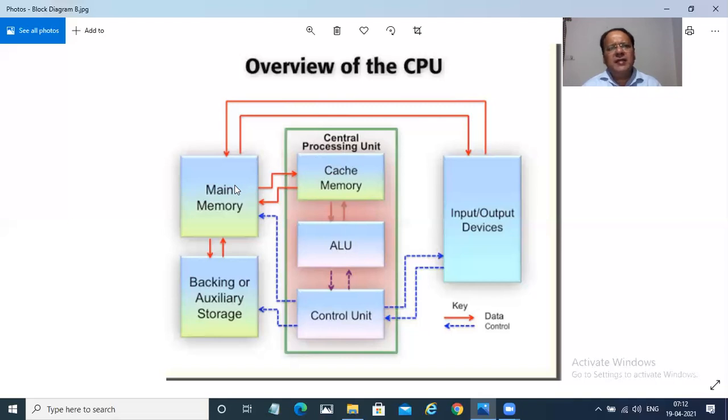Then from the main memory, this data is transferred into your backup or auxiliary memory. The main memory also transfers the data back to your input or output device as the need and requirement is.